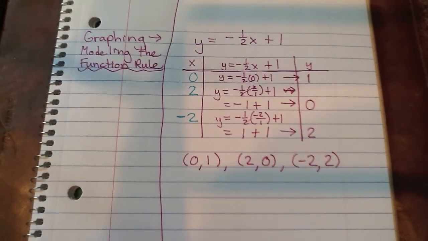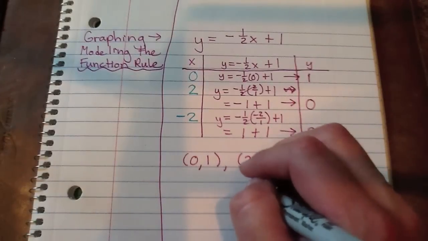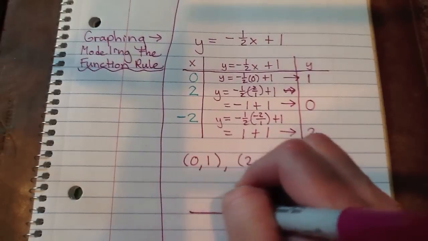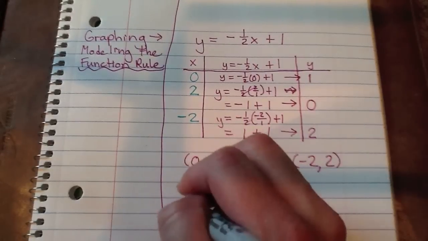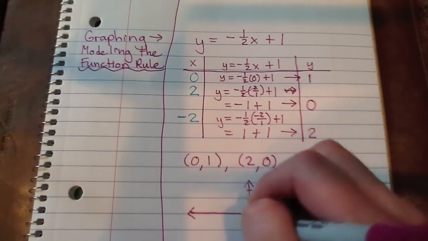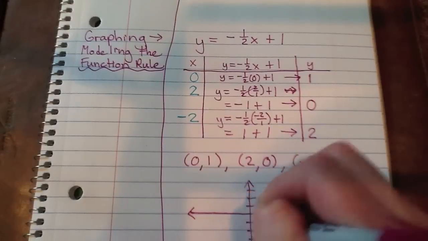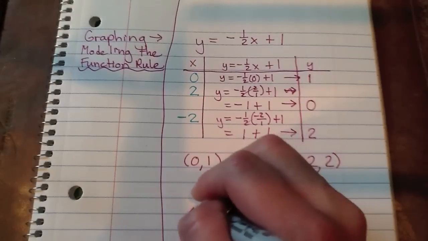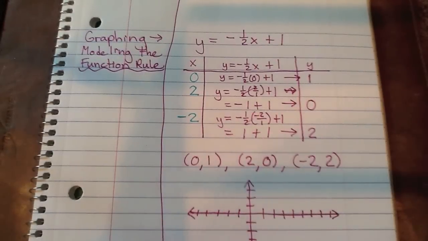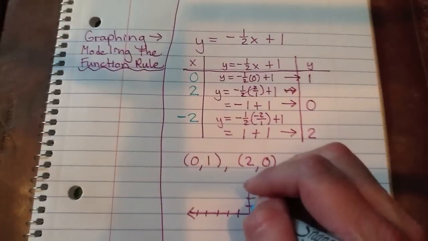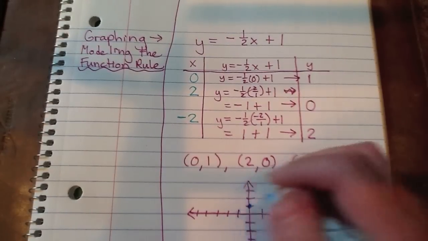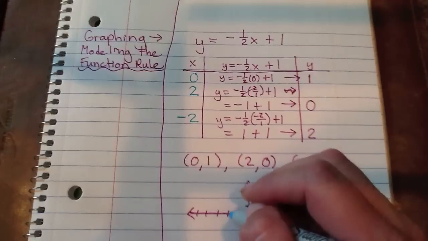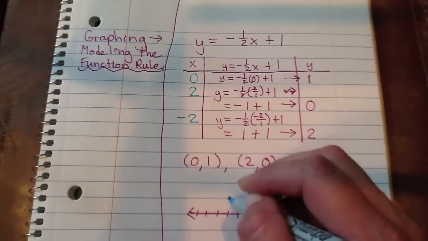Now when you go to graph that, we're going to plot the points (0, 1), (2, 0), (-2, 2).